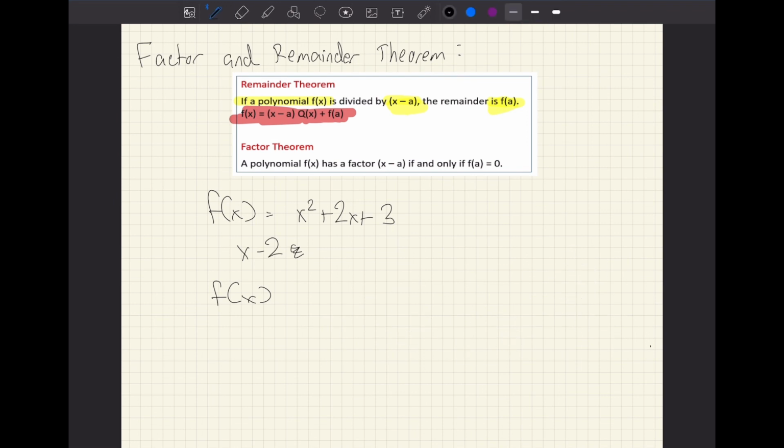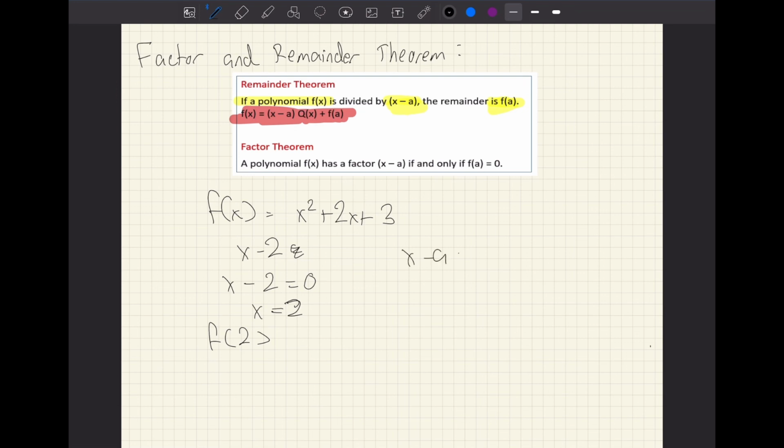So x minus 2. How do we figure out the value of a, and whether we use a or minus a? The procedure is equating this to 0 and then finding the value of x. This is what we're going to use as our input. It says x minus a, and the remainder is f of a.